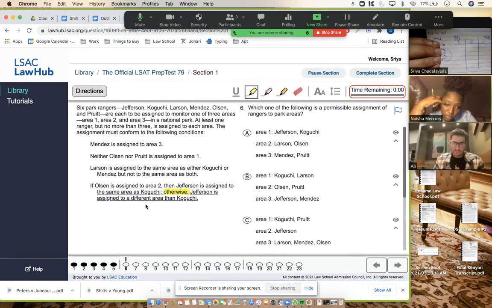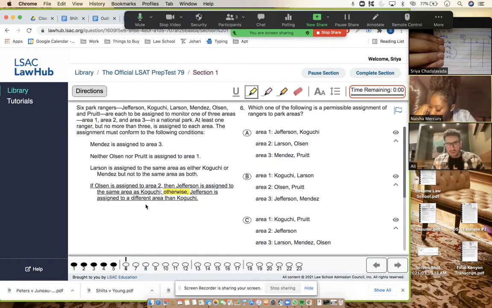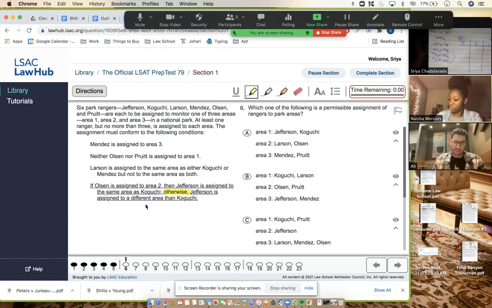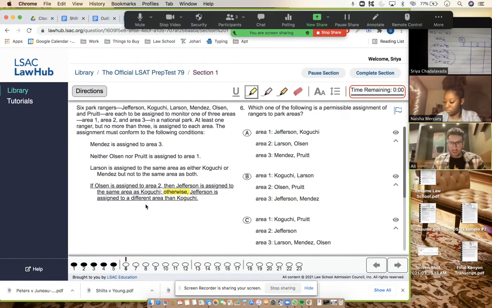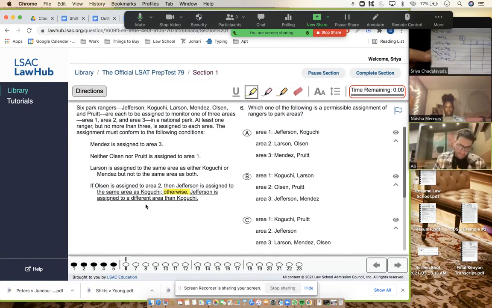If O is not in the second group, then I would only look at that rule. If J is with K, I could look at that rule. So the one that says if J and K are together, O is in second, that's the only other one you looked at. I would only look at the one that applies to whatever I'm thinking about. Does that make sense?